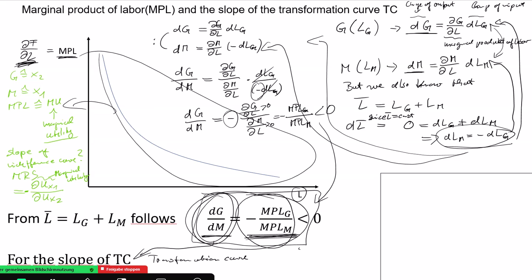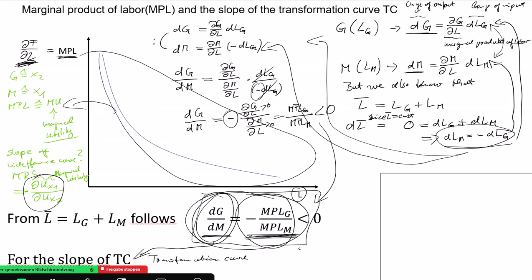the relation between the 2 marginal products, and this also you can compare with your micro courses, where you had the indifference curve, and the slope of the indifference curve was also the ratio of the marginal utilities. So this is, so to speak, the same concept.